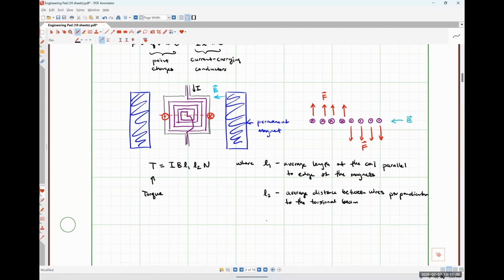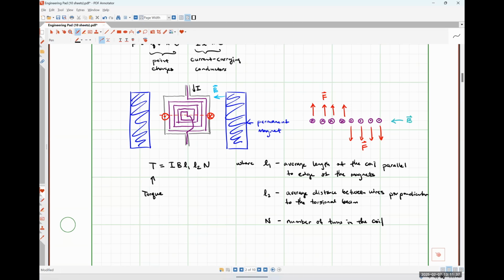And then lastly, N is just the number of turns in the coil. So this is just one example of how you might use a Lorentz force to be able to generate some kind of rotation in a microstructure.